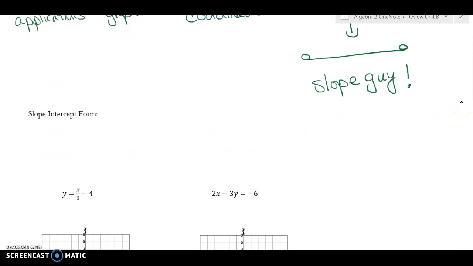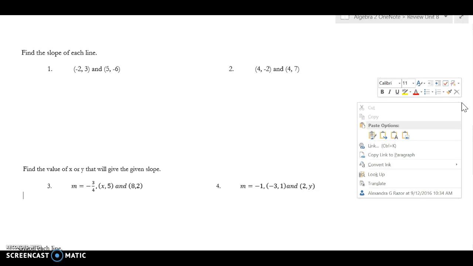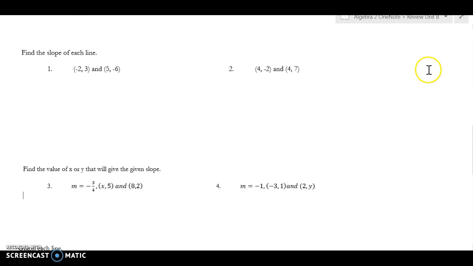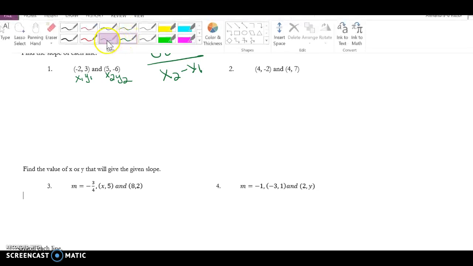All right, so let's do some examples. Let's start off by finding the slope of each line. Whenever you do this, the first thing I want to do is label x1, y1, x2, y2. I'm going to put the formula here because we're going to need it. Now let's change colors.